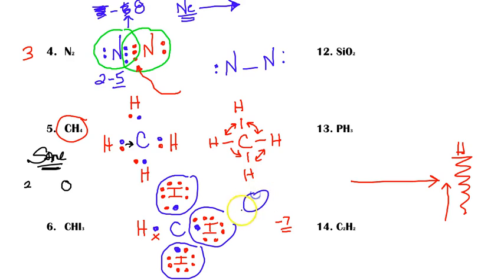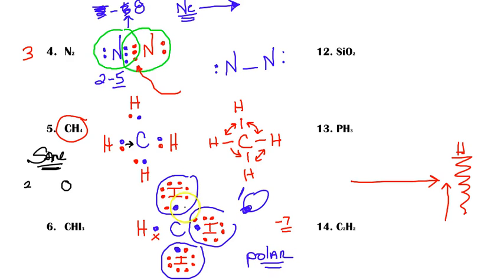You can see that this side of the molecule has got to be different than this side. Carbon and hydrogen have about the same attractive force, while iodine and carbon are different. So this side of the molecule is different than this side, and this is going to be a polar molecule.